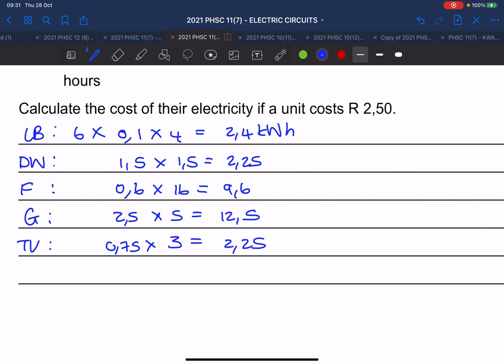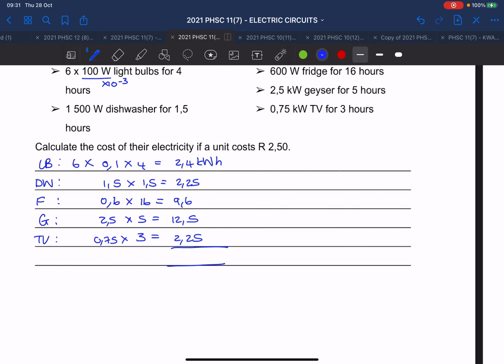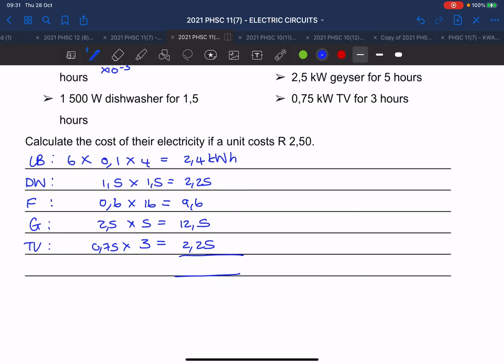Chichi? 2.25. Okay, now we must add them all together. The sum is 29 units for a day.